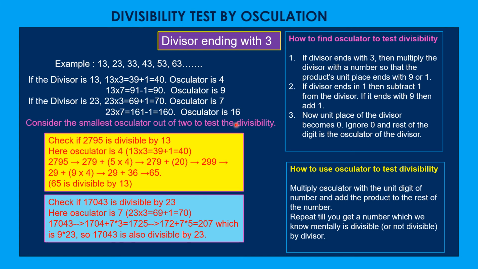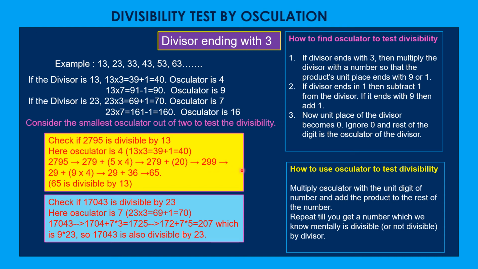Now let us take an example. Check if 2795 is divisible by 13. So again your divisor is 13, your oscillator here is 4. The steps are the same. You multiply your oscillator with the unit digit 4 and then you add the product to the rest of the digits, that is 279, and then you get 279 plus 20, you get 299.